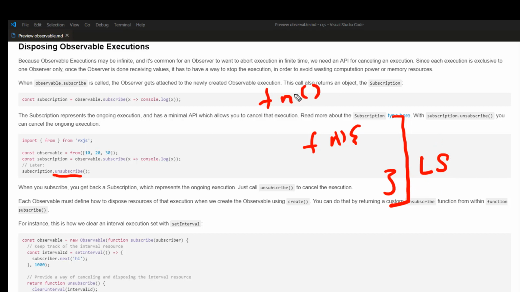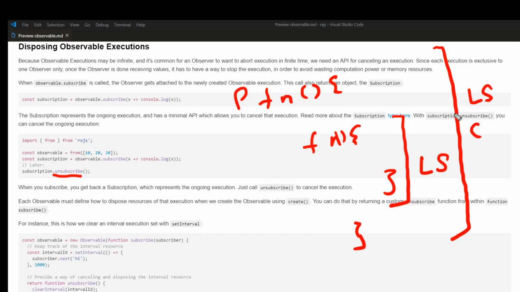So if there is another function, let's call this the parent function, and inside it there is another function, that's called a closure. Function containing another function. The important point is JavaScript maintains the lexical scope of this one as well. So inside this lexical scope, there is another inner lexical scope.